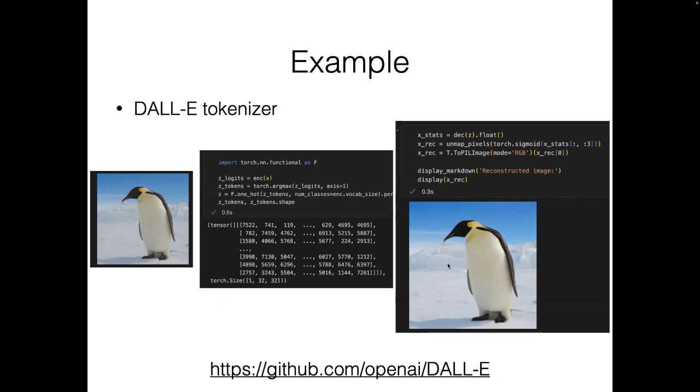I think it's pretty cool. Again, I'm not going into the details, but if you read the paper, they use this Gumbel softmax gradient estimator that I mentioned instead of the straight-through estimator, so they did improve upon the original VQ-VAE a bit.